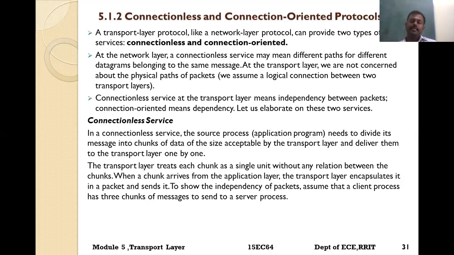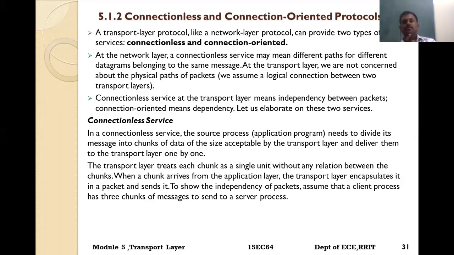Each chunk is treated as a single unit without any connection to the others. When a chunk arrives from the application layer, the transport layer encapsulates it in a packet and sends it. The encapsulation takes place at the lower layer.